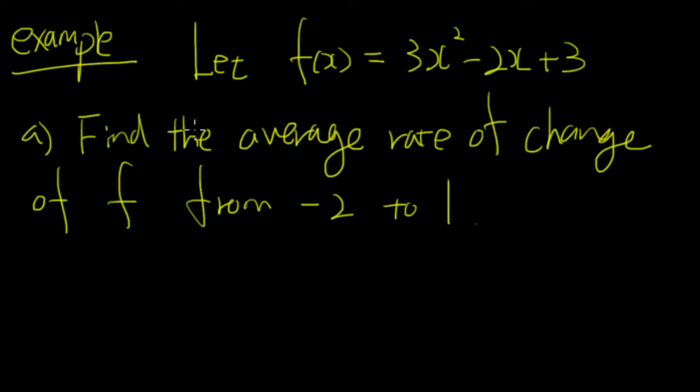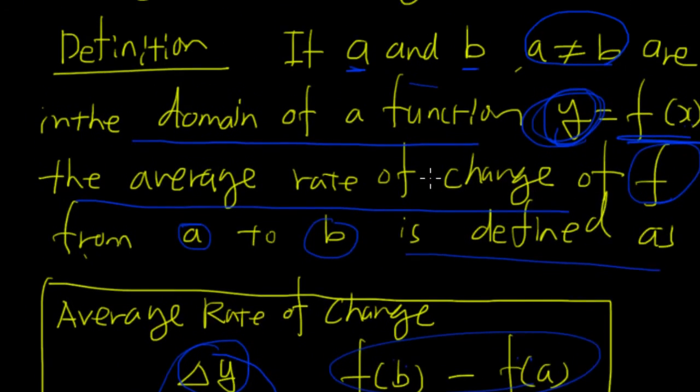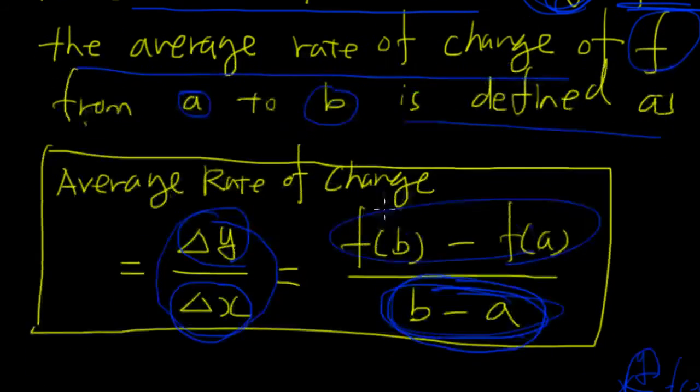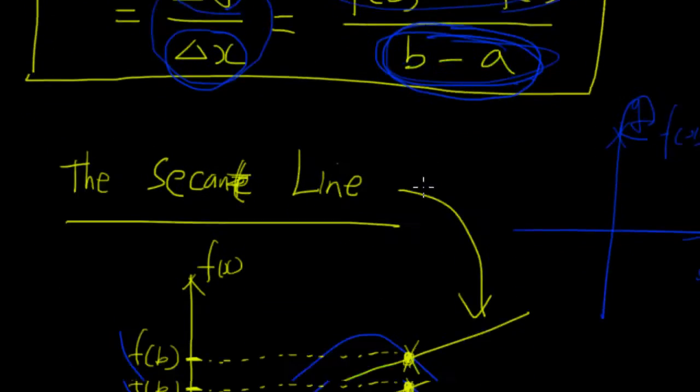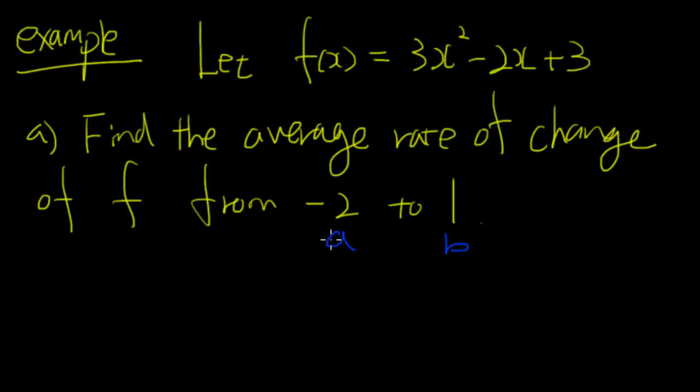So we are saying this is A and this is B, right? That's what we're saying. Look at the setup. From A to B defined like this, and that slope is the average rate of change. So in this example, -2 and 1 are going to be A and B.